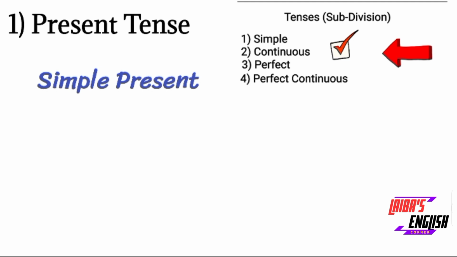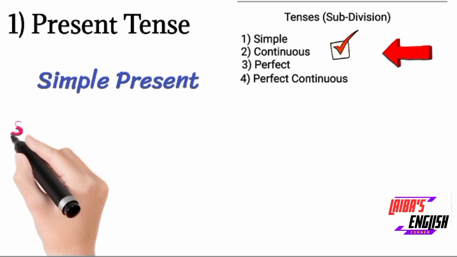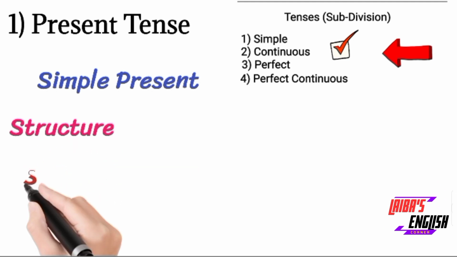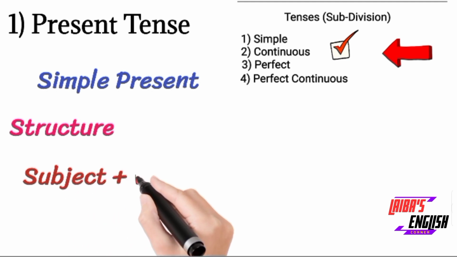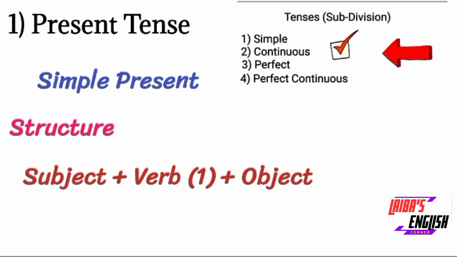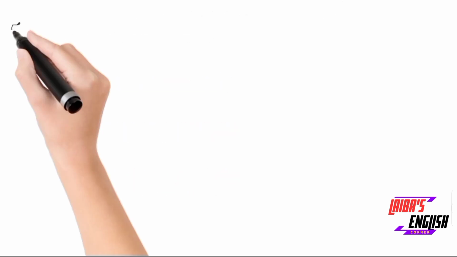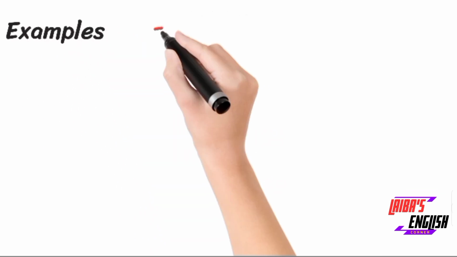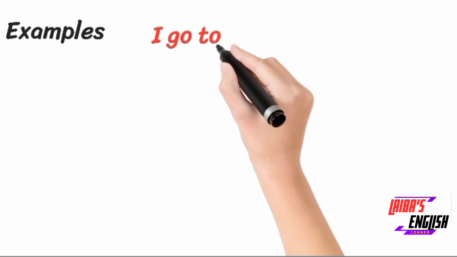In the start, we will discuss the structure of the tense so the concept will be clear of how to make a sentence of simple present. In simple present tense, we will use a subject, a verb with first form, and object. We will have some examples to make our concept clear.